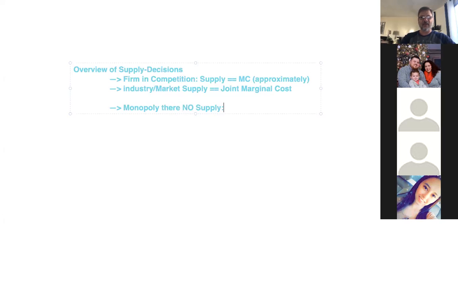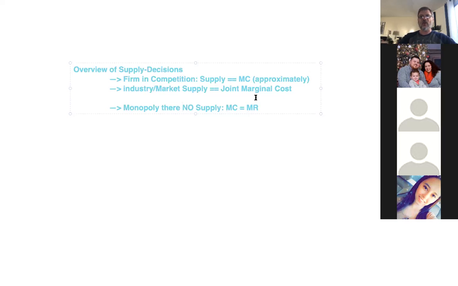Rather, the monopolist has a marginal cost, but the marginal cost is combined with the marginal revenue. And I say equals, which maybe I should just put equals because it's not a definition, in order to determine supply, right?